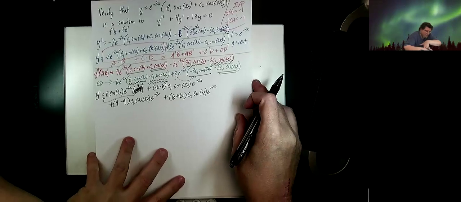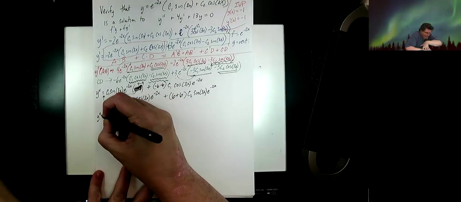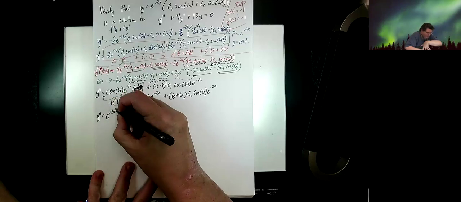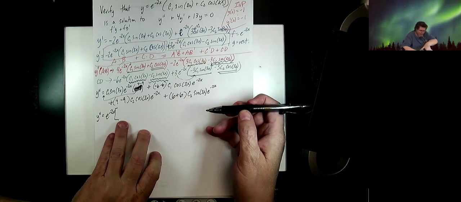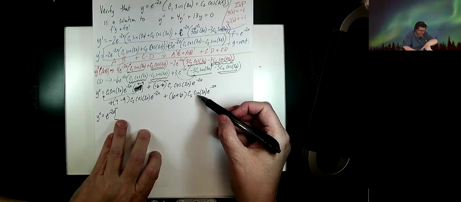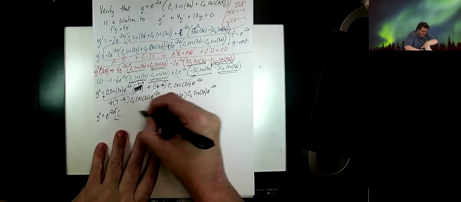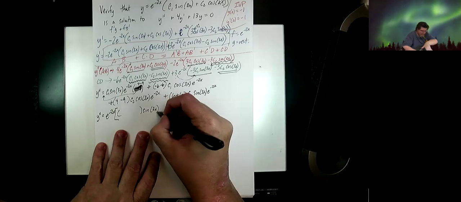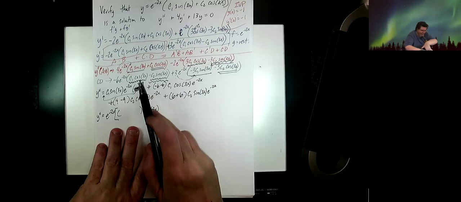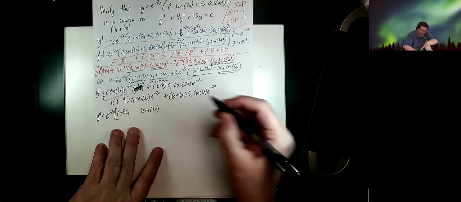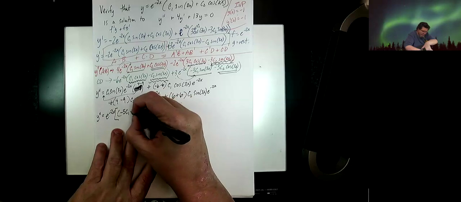So if I were to clean this up, first off, I'm going to pull the e to the negative 2x out of all of them. Then I can focus on the sine 3x's. Sine of 3x has 4 minus 9 is negative 5, negative 5C1 plus 12C2.